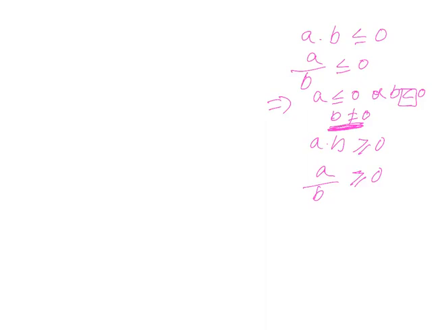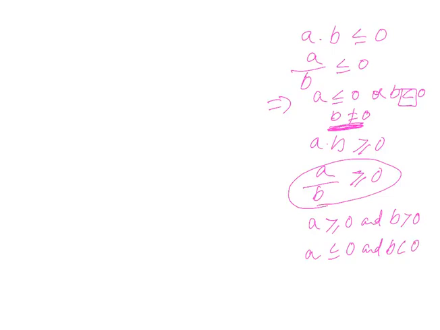Here also in a over b greater than 0, I cannot have b equal to 0. That means I must look for a greater than or equal to 0 and b greater than 0, b cannot be equal to 0, or a less than or equal to 0 and b less than 0.